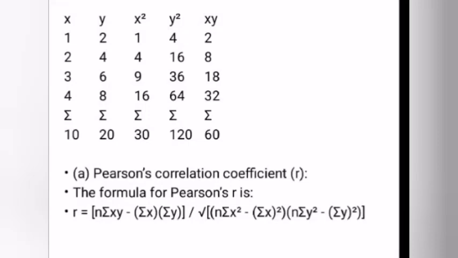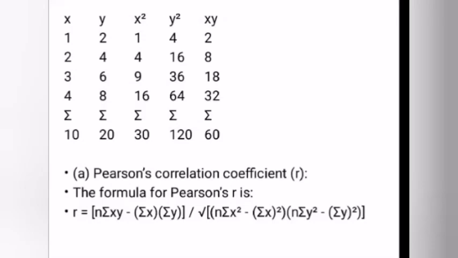The first thing you will do is write out your x and y values in a column. Then you find the square of x: 1, 4, 9, 16. Then you find the square of y: square of 2 is 4, square of 4 is 16, square of 6 is 36, square of 8 is 64.